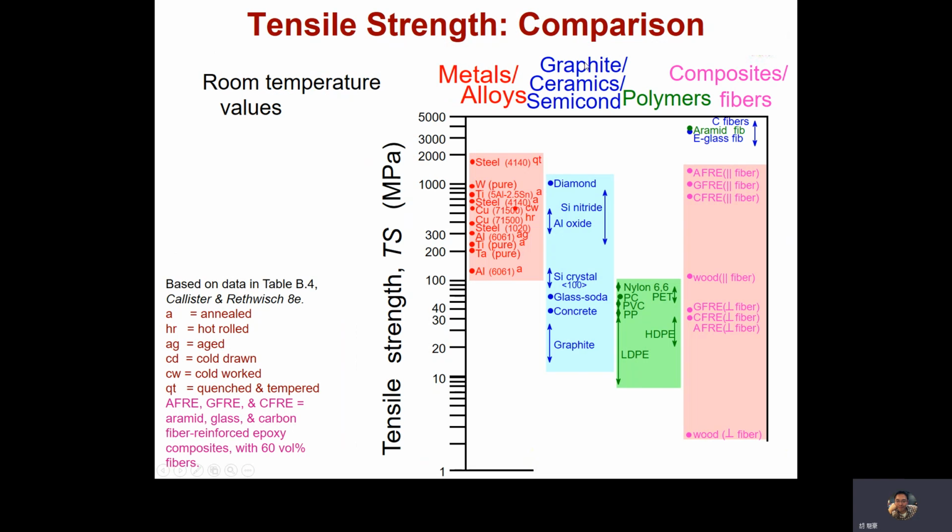Okay, so let's compare the tensile strengths of different types of materials. What we can figure out is that the tensile strength of metals is similar to that of the composite, and higher than ceramics and polymer.